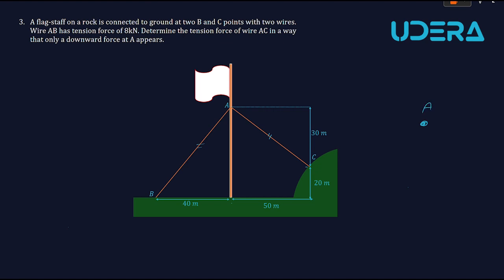Two wires grab the flagstaff to hold it vertically. You have seen many times, not only in flagstaff cases, but for example in transmission towers, that cables are used to hold them vertical, because they are subjected to wind, gravity and different forces 24/7.